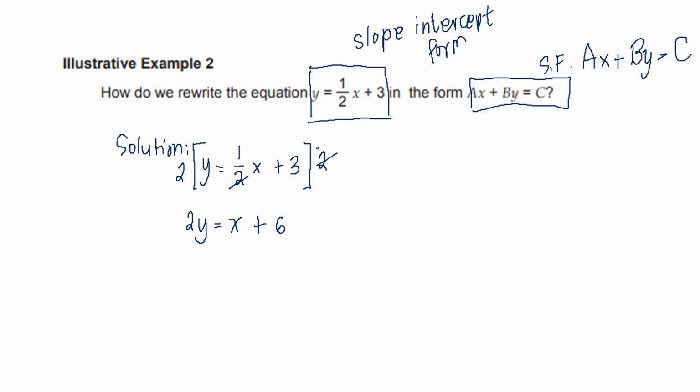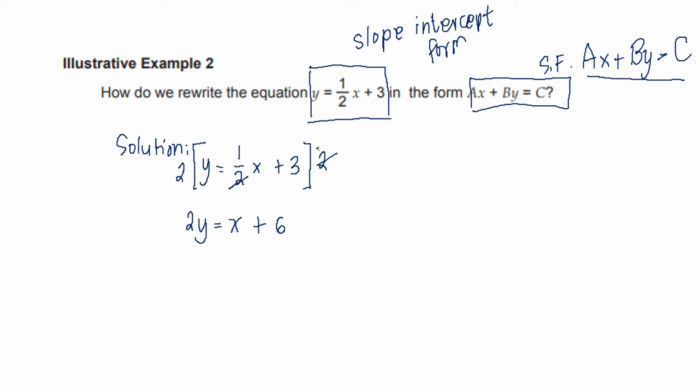So what I need to do is to just inspect. I already have the y here with the coefficient. I already have the x here with the coefficient of 1, and a value, a constant, which has no x and y. So I'll just make sure that it looks like this.